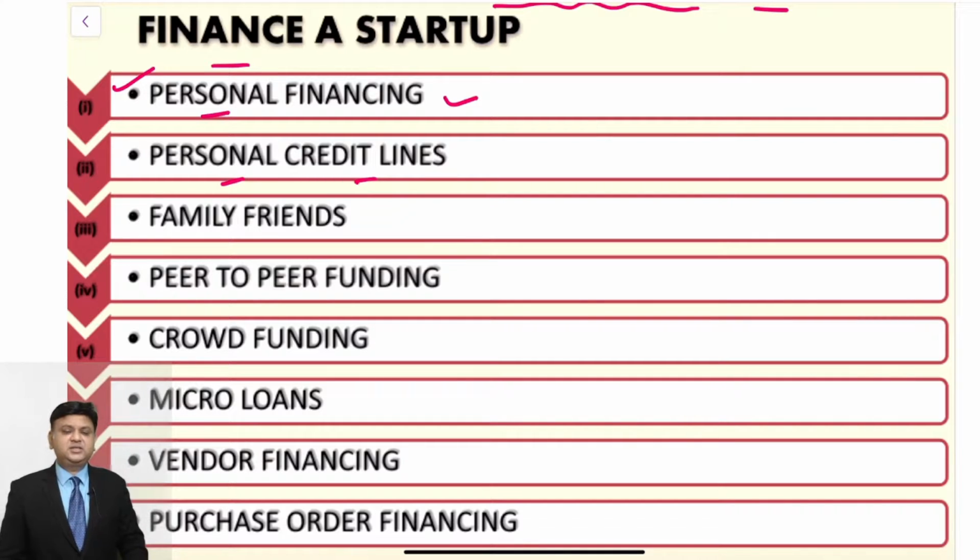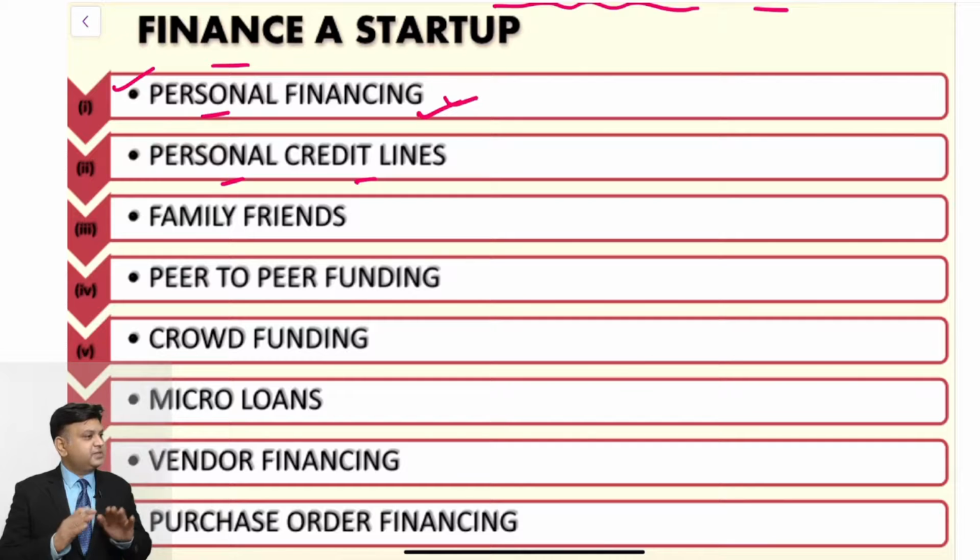Personal credit lines. Personal credit lines means something like this. Suppose I am doing a job in an industry for the last 10 years. Over these 10 years, whatever savings I have, that I invest, that is personal financing. And during this time period, with whatever bank transactions I have, I will be able to get a certain personal loan.